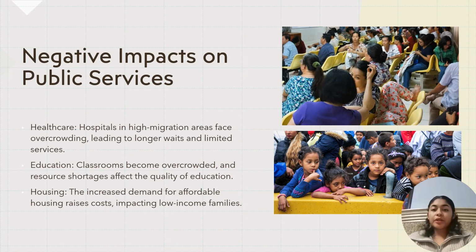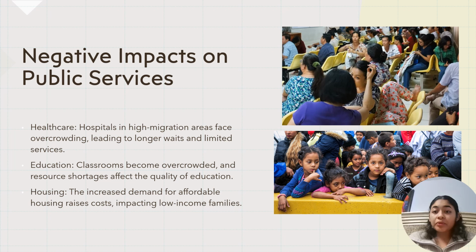This pressure creates real and visible challenges, especially in three key areas: healthcare, education, and housing. The Migration Policy Institute reported that these challenges are especially common in urban areas with high migration flows.